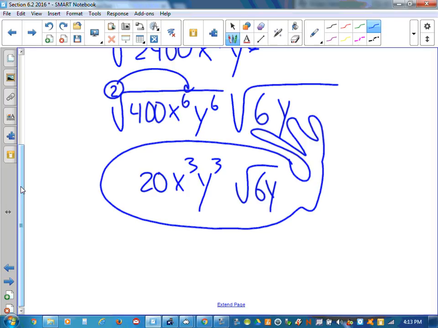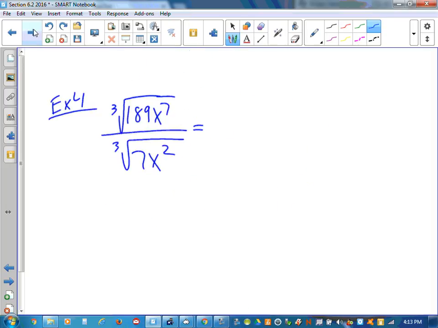Next example. Ooh, division. So now I just divide, okay? And I divide and I see what's left over. So I'm going to make one radical home here. And that's just the radical symbol. And when I add the 3 there, then that means that it's cube root. So I'm going to take 189 and divide it by 7.